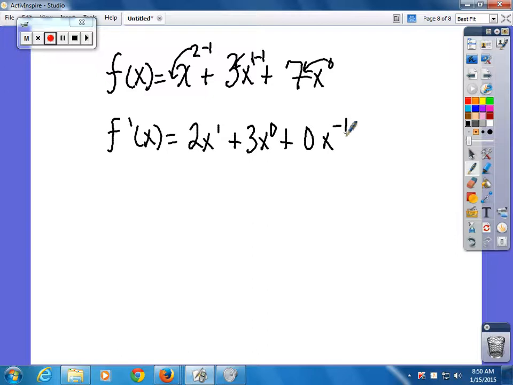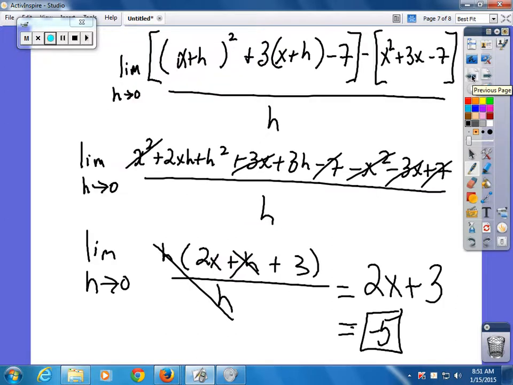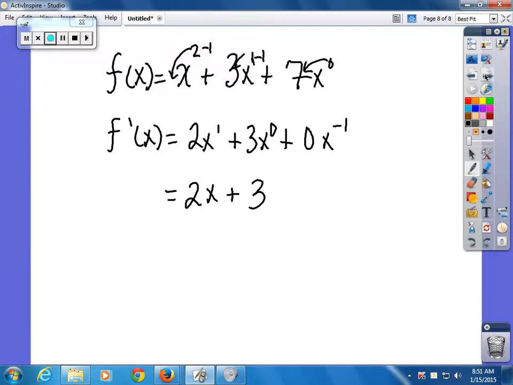And you come out with 2x plus 3. And that's called the derivative. Now you appreciate the derivative because you see what you had to do before. You had to do algebra. So you kick algebra out the door, and now you use the fundamental rule of calculus.